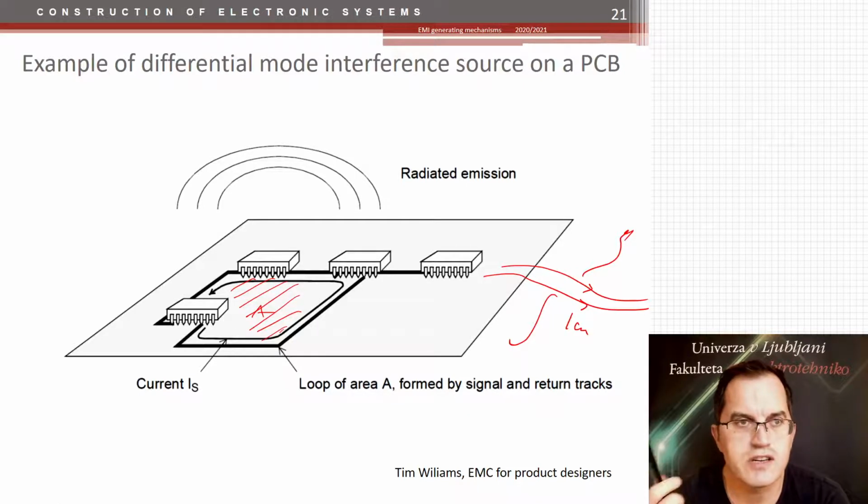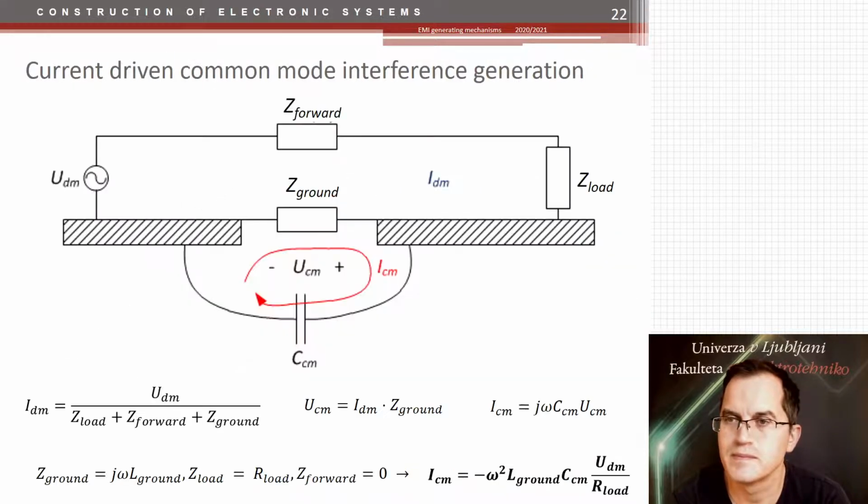What are the generation mechanisms of this common mode noise? By knowing these generation mechanisms, you will be able to minimize them. And that would be a good opportunity for you to start with EMC right at the beginning, at its origins.